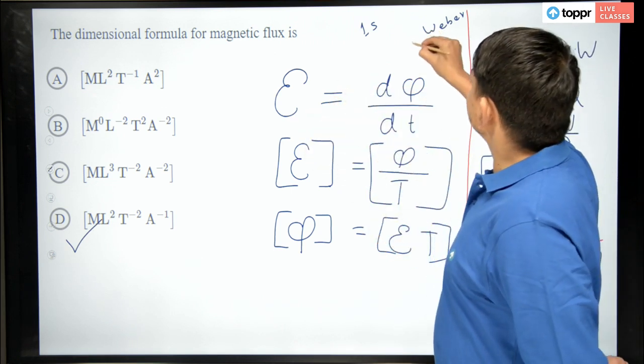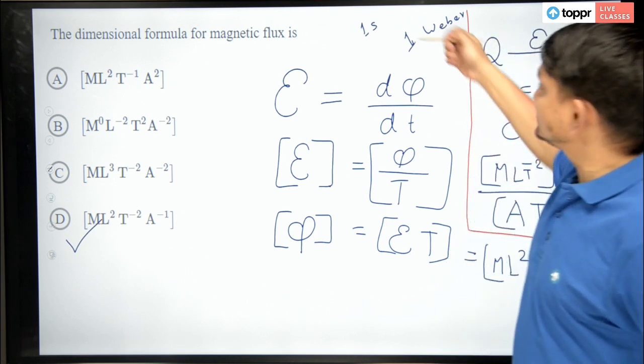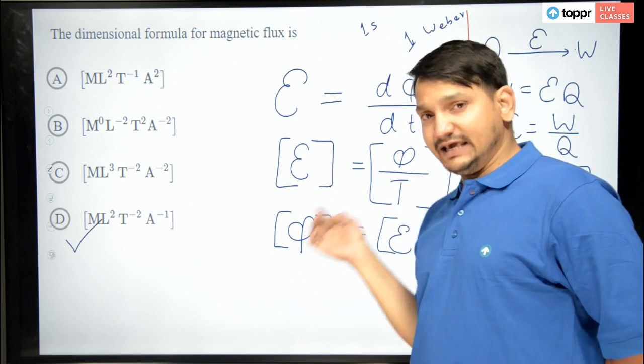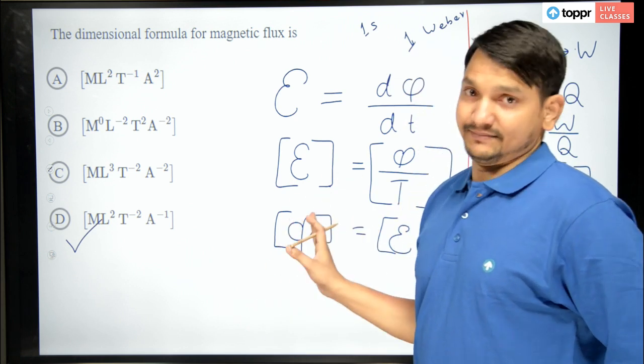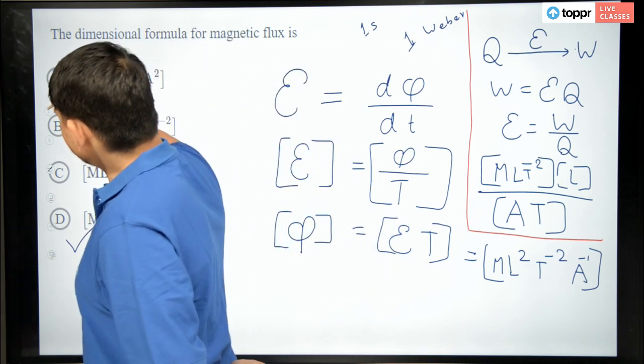If 1 Weber change was experienced in 1 second, you would get 1 volt of EMF produced for that time. Okay, let's move on to our next question.